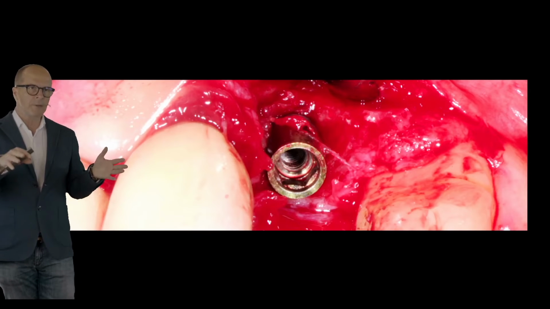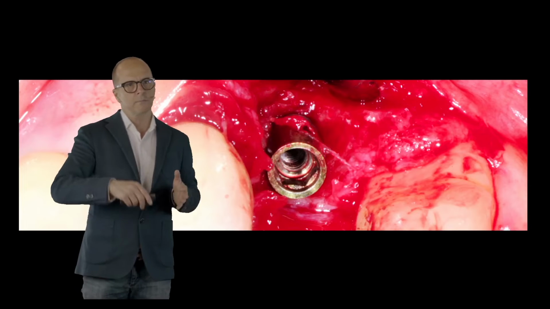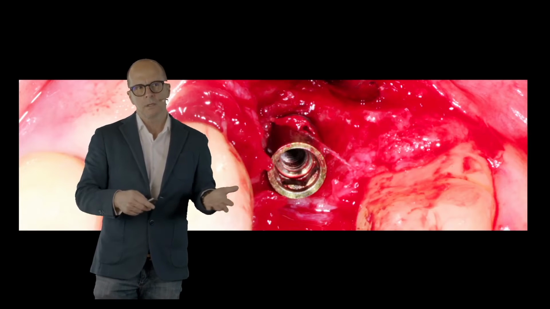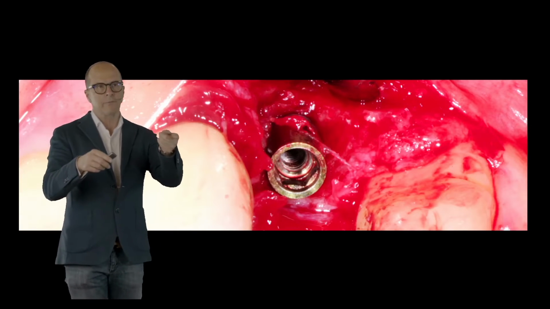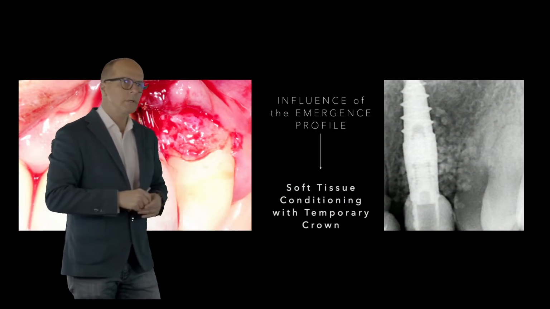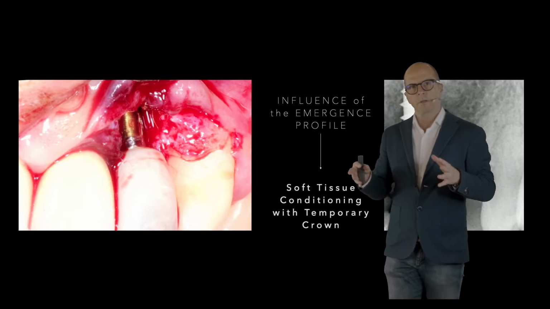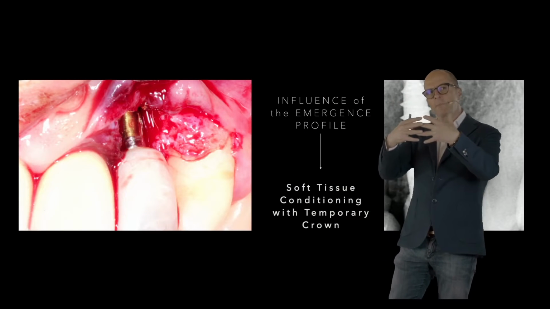I've placed an implant with a long neck Prama, and as you can see, the neck is exposed, which I like because I know at that level I'm going to have a biologic seal. And then I can fill the area with biomaterials just as a scaffold in order to keep the volume.